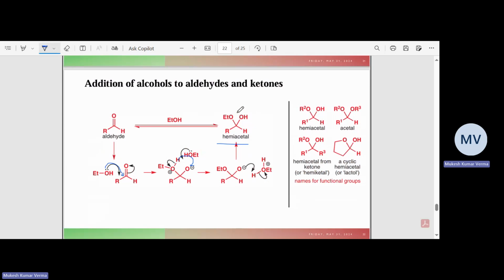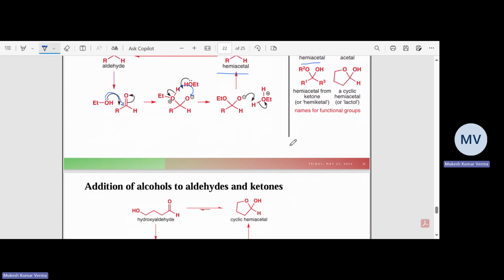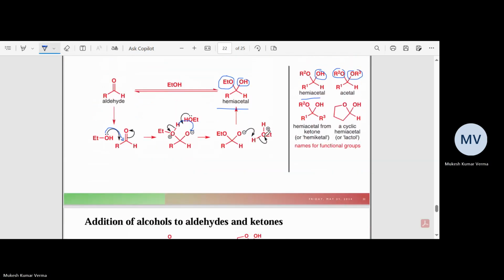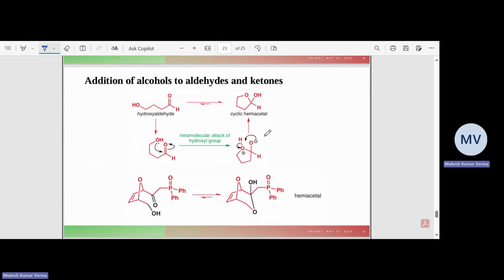Hemiacetals are compounds in which one portion is an ether and the second is a hydroxy. When one OH group is present, it is called a hemiacetal. When only ether groups are present, it is called an acetal. These are very good functional groups in organic chemistry.